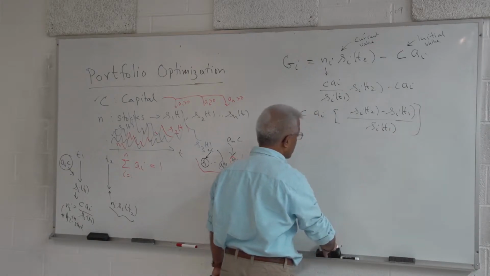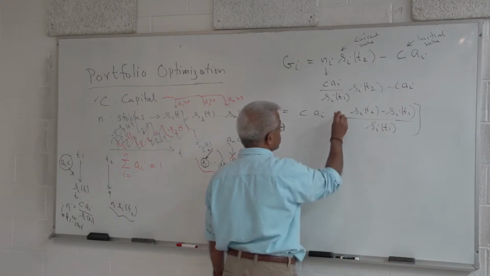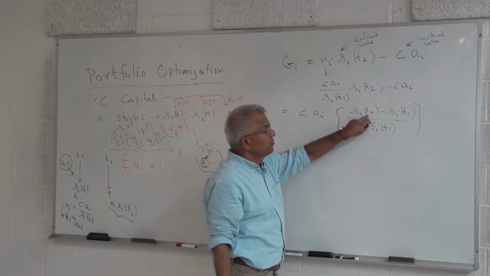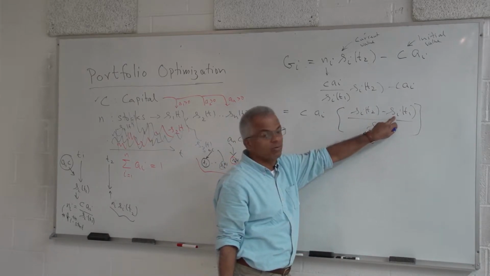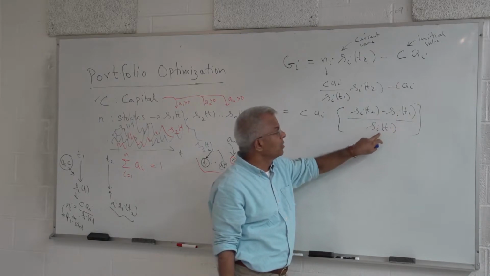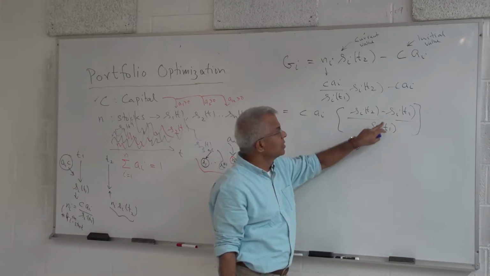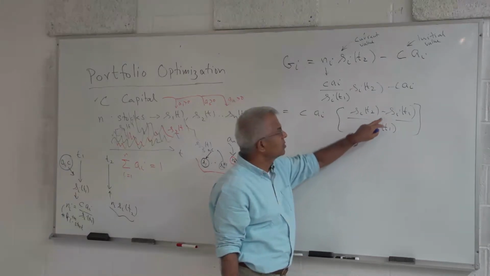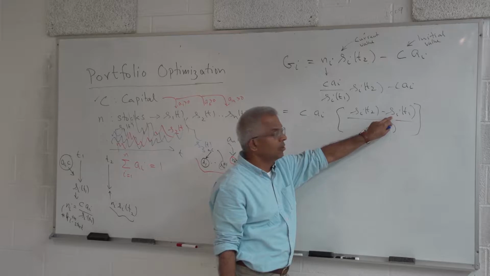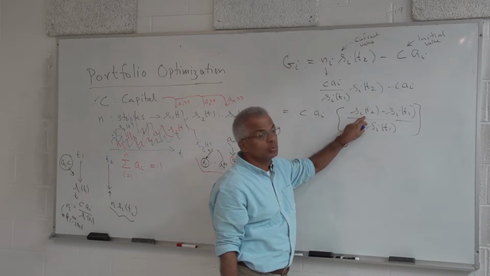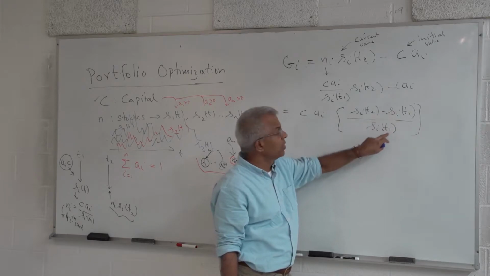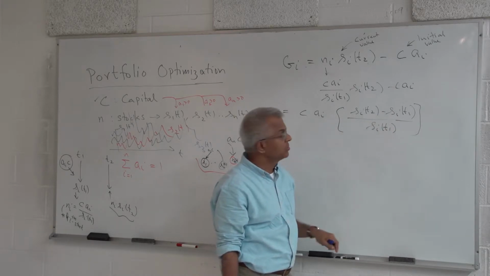Notice that this quantity in the parenthesis has a meaning, because it is the final value minus the initial value we bought at, divided by the initial value. So this is the return on the particular stock. If you bought Apple at $100, and it is 120 now, 120 minus 100 is 20, divided by 100, so that's 20%. That's the return.